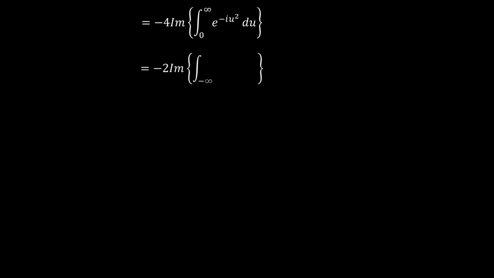So going forward, we can now use the Gaussian integral. You know the Gaussian integral: if we have the integral from x tending to negative infinity to positive infinity of e to the power negative x squared dx, this is equal to the square root of pi. But we're not yet there because we have this i here.